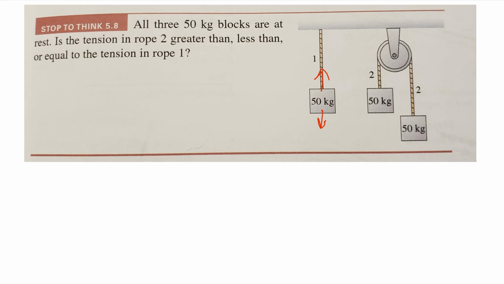For rope 2, we'd have an mg down here, which means we'd have a tension force of mg up as well. But that means that tension force of mg would be wrapping around the pulley and coming down the other side. We'd have an mg down here and an mg up. So there's an mg tension force in rope 2, and there's an mg tension force in rope 1. They are equal. That's the answer.